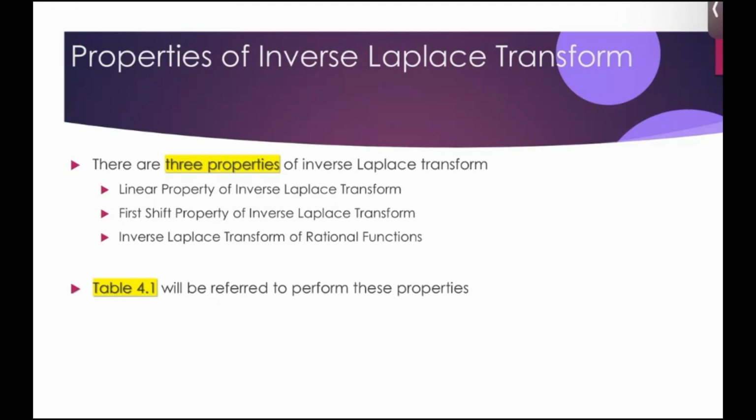So you need to apply these three properties. That means you need to make sure you understand all these three properties in order to use the inverse Laplace transform. So we have the linear property, the first shift property, and the rational function. And for all of these properties, we will refer to the same table.